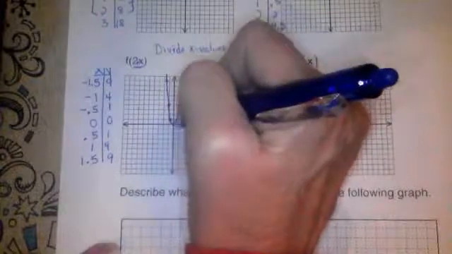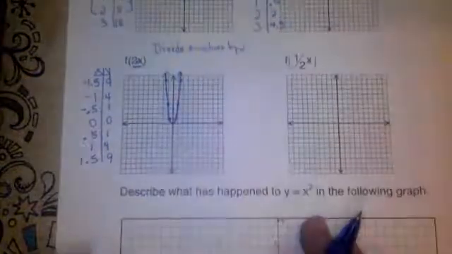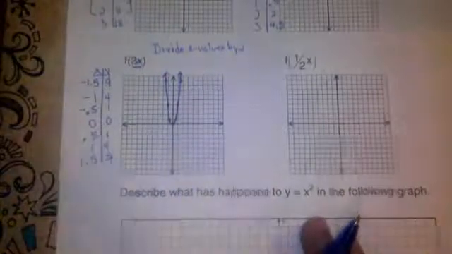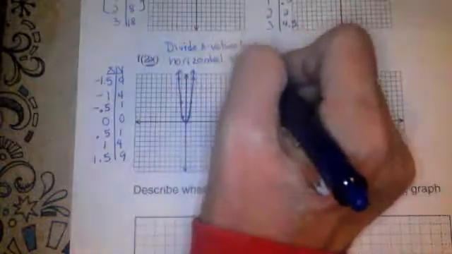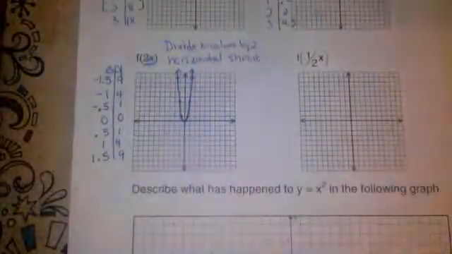So we thought that one up there was skinny, but this one's really, really narrow. But this time it was the x's that changed, and the x values run horizontally. So this is called a horizontal shrink. We kind of squished it in like an accordion, just pulled it in. So a horizontal shrink.